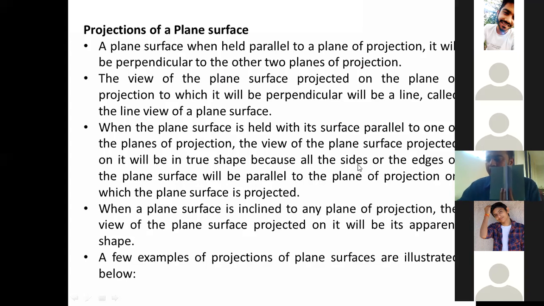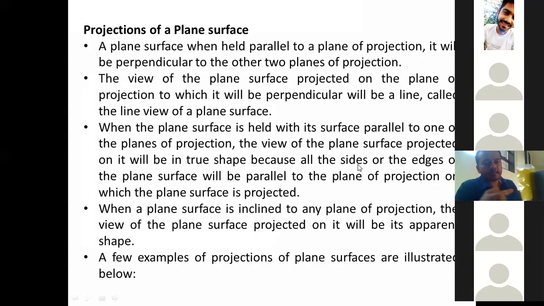Now this is my plane. I will hold it parallel to this. Now it is perpendicular to this plane. If you need to see it from this direction, what will you be able to see?